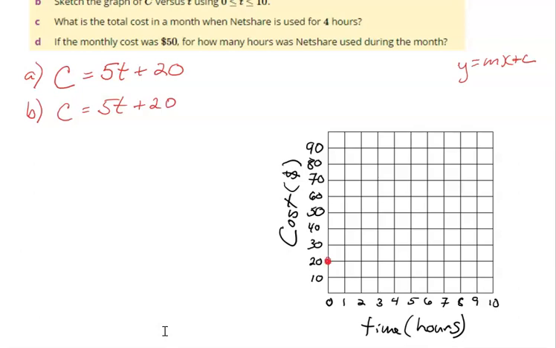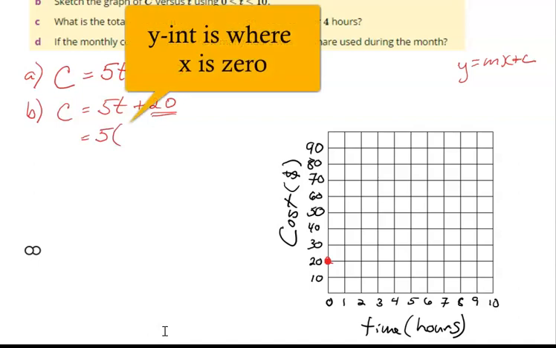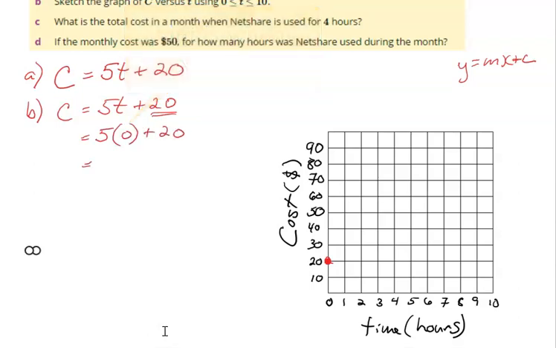You probably could have told me that too, because that 20 there is our y-intercept. And the y-intercept is when x, in this case we replace the x-axis with t for time, 5 times 0 is 0. The cost is $20. And that makes sense because it's a monthly fee. So this is the rule for finding the cost for 1 month. So 1 month's cost is always going to have that 20 in it.